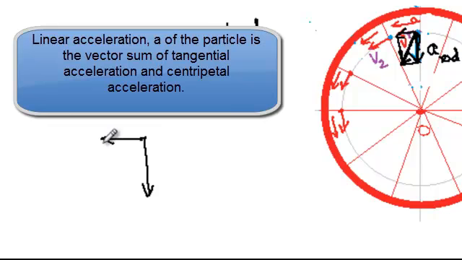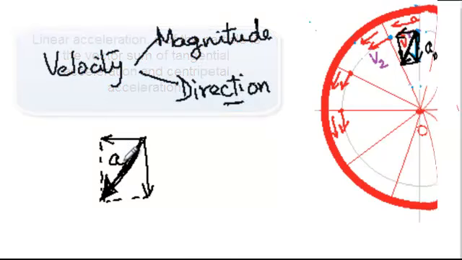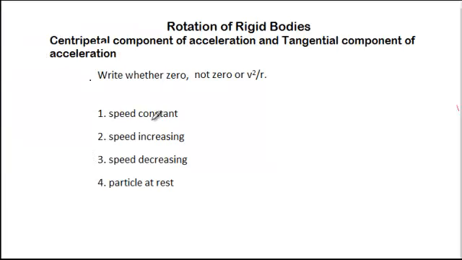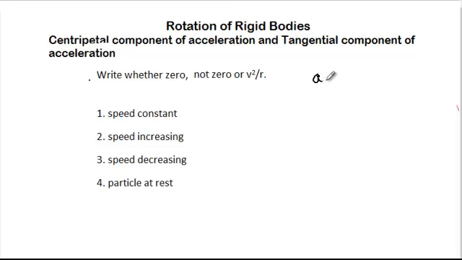This is called the linear acceleration A. In each of these cases, you have to state whether the tangential component and the centripetal component is 0, not 0, or is it v square over r.